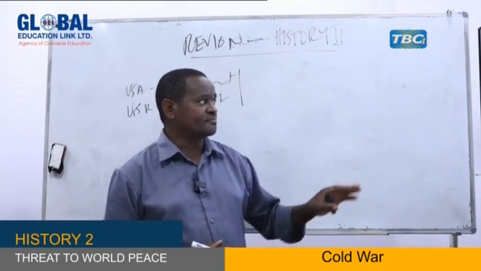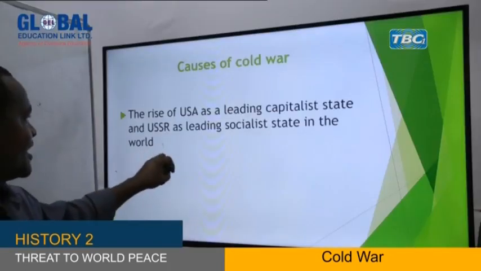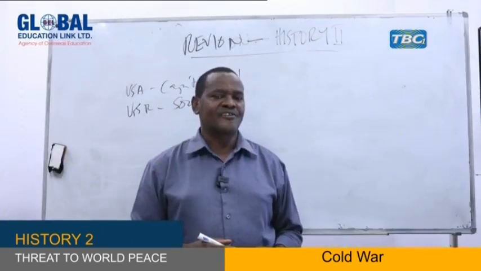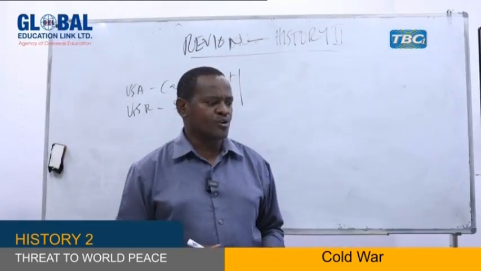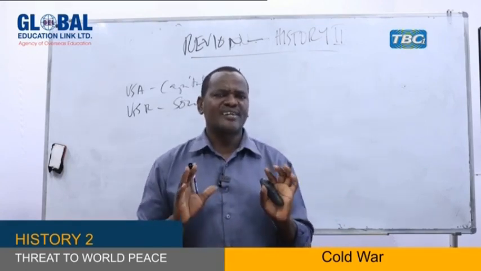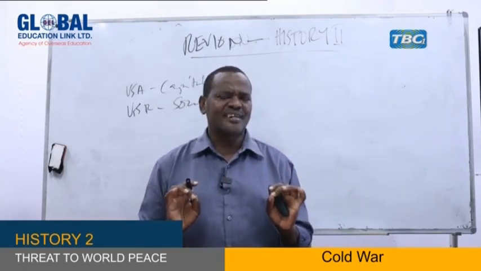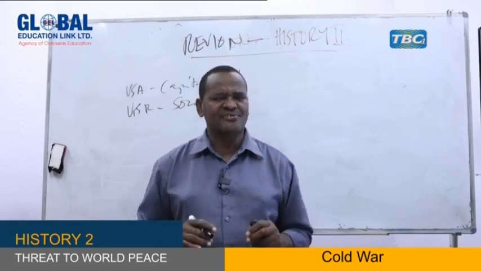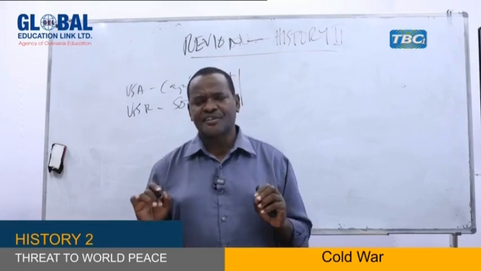So, my dear students, it is because of the existing tension between these two countries that it led to the rise and development of the Cold War in the world. Remember, when we speak of the Cold War, we only focus on tension, misunderstanding, conflict, and suspicion between these two leading countries, the USA on one hand and the USSR on the other.